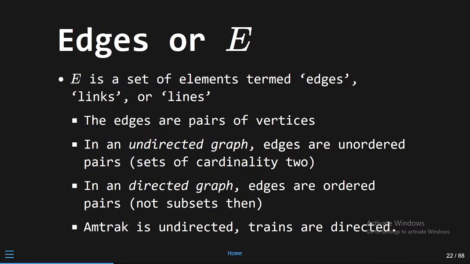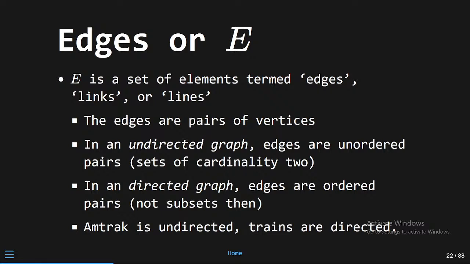Okay. So we have a set of elements. These are pairs, and if they are an undirected pair, they are a set of cardinality 2. They're just the 2 things that are connected. And if we are on a directed graph, then they are ordered pairs, and we know how to define ordered pairs, so we don't have to worry about this. What this means is that directed graphs and undirected graphs actually have wildly different type. One of them is a set of elements and a set of sets of elements, and that is an undirected graph.